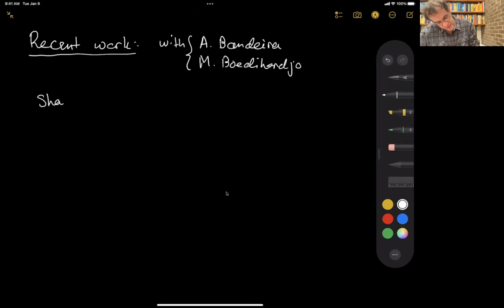And we managed to get sharp inequalities for Gaussian random matrices.